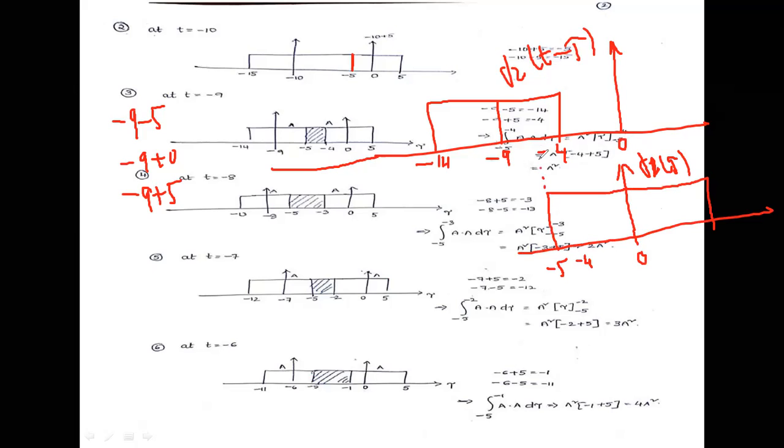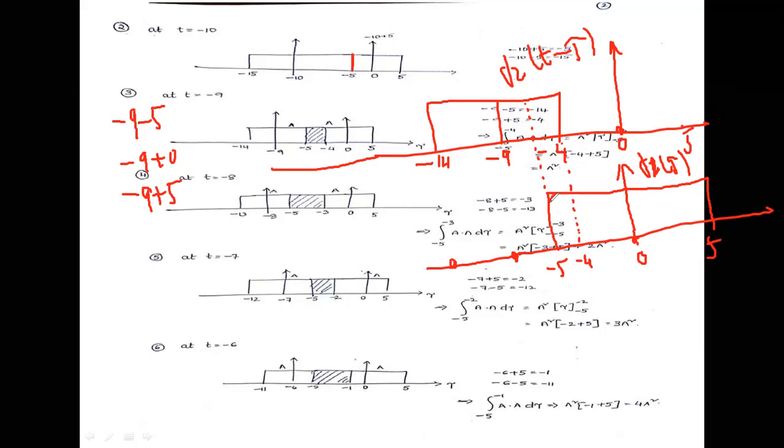There is an overlapping between minus 4 and minus 5. See, these are overlapping. The remaining functions you can multiply: at minus 14 the value is 0, at minus 9 it is 0, and at 0 here the value is A but here it is 0, and at 5 the value is A but here it is 0.